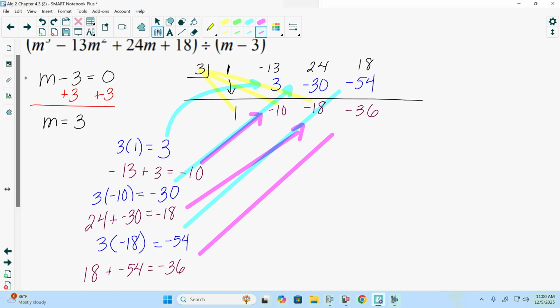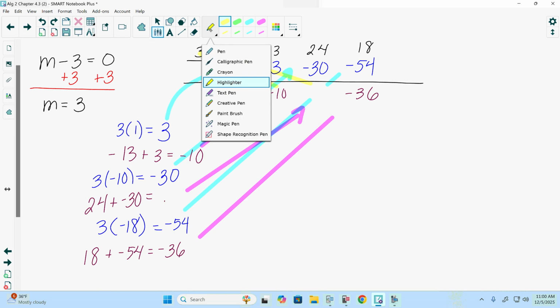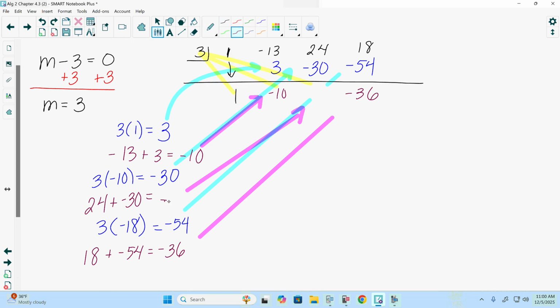So really we drop that first number, multiply, put it under the next one, add straight down, multiply, add, multiply, add, multiply, add. Do I get a number off? Yes, that would. Oh, that's the wrong one.